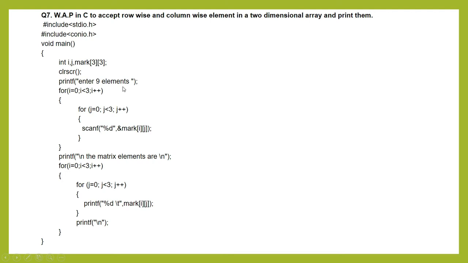Here you have to use two for loops, one inside another, because for the first row 3 columns are there, for the second row again 3 columns, and for the third row again 3 columns. This type of loop is called a nested loop, meaning a for inside a for. So in a nested loop you have to solve this question.